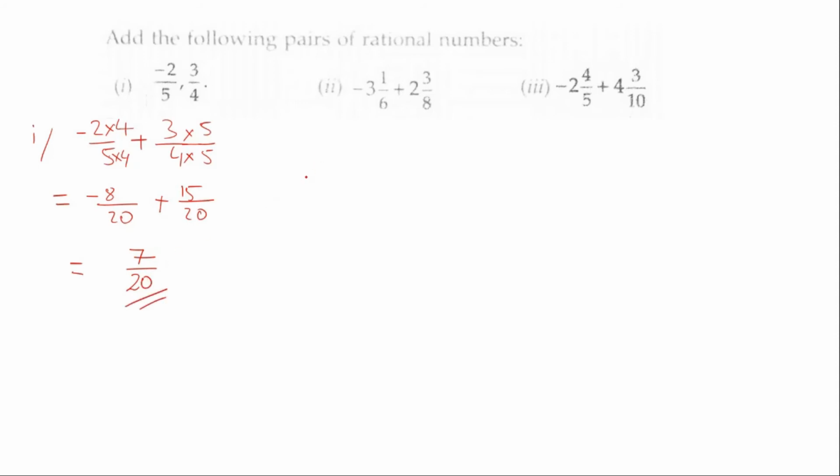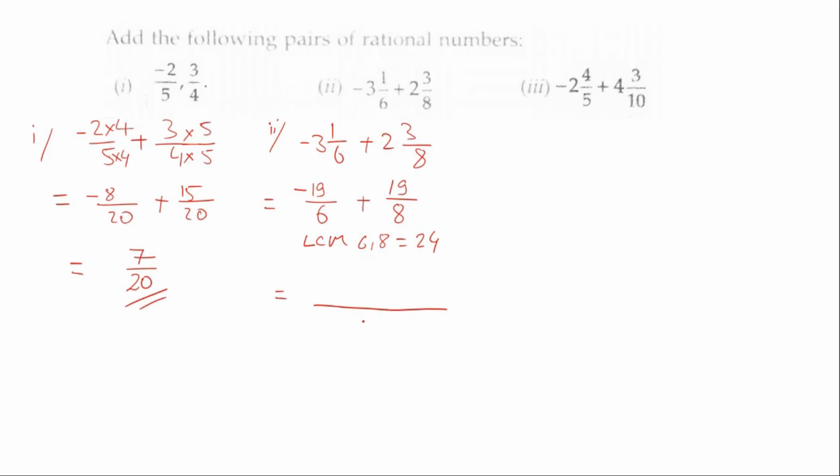The next question is minus 3 whole 1 by 6 plus 2 whole 3 by 8. So first work is to convert mixed fraction into improper fraction. So it will be minus 19 by 6 plus 19 by 8. The LCM of 6 and 8 is 24.